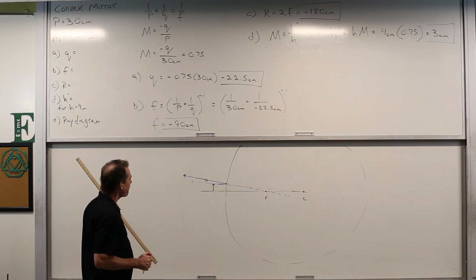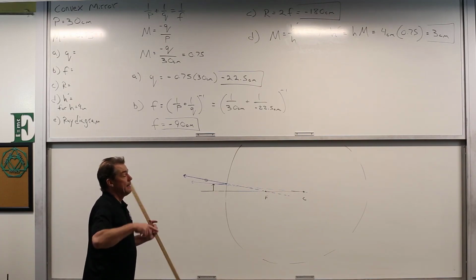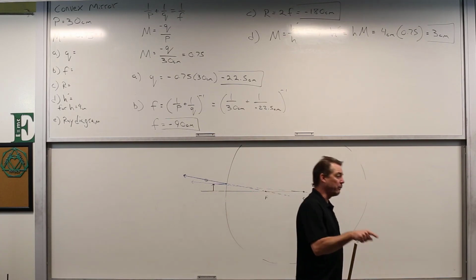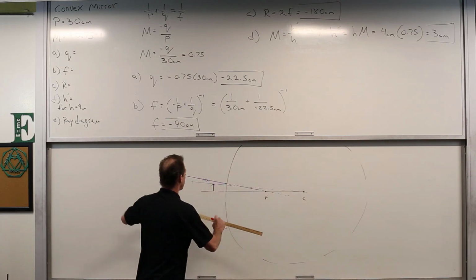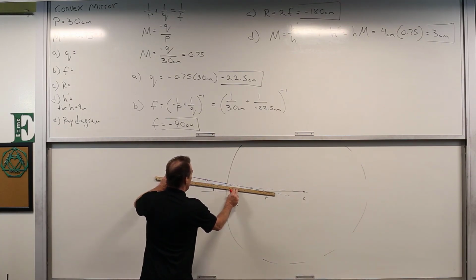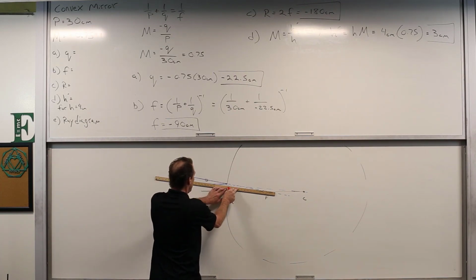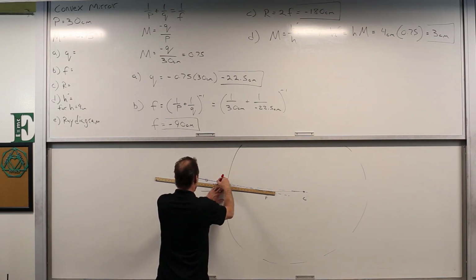Well, the third ray, again, is going through or is aligned with the focal point and then reflects parallel to the principal axis. So this one is initially aligned with this focal point right there. So there it is. So what's it going to do? It's going to come down and hit the mirror there.